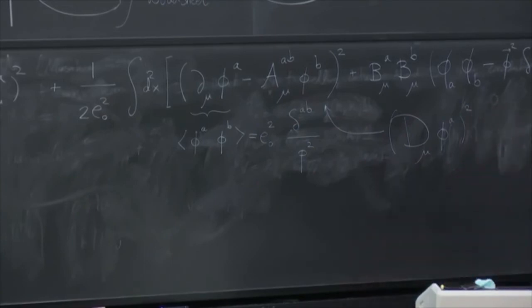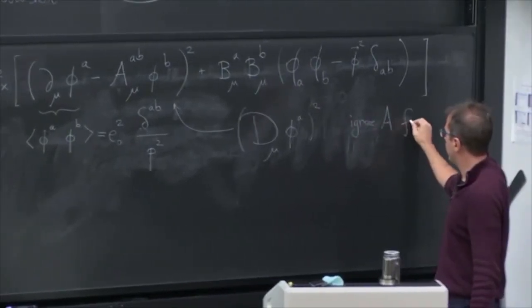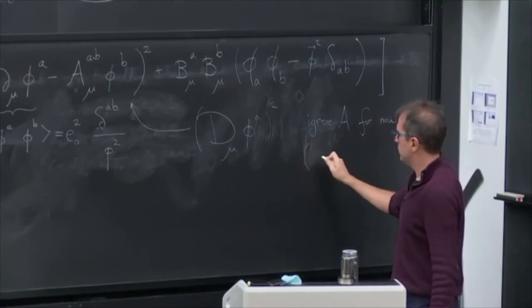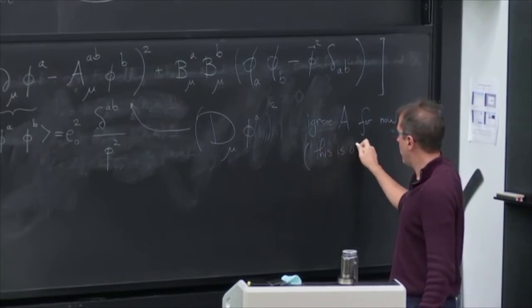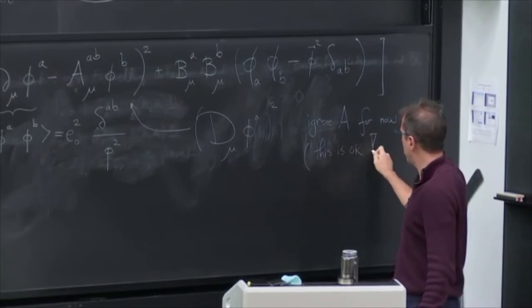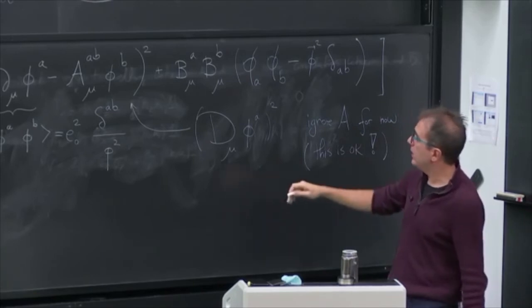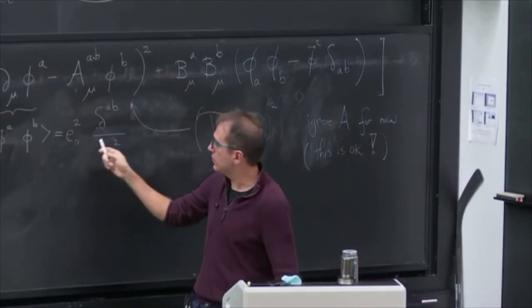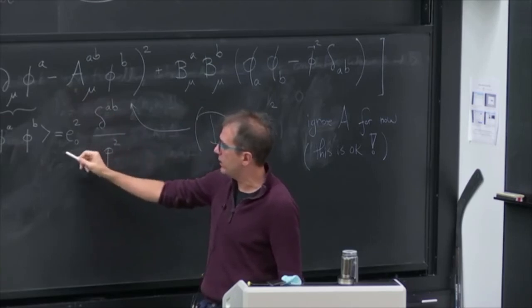So we ignore A for now. And I will explain in a second why we can ignore A. But for now, let's ignore A. And all we take from this first term is that phi is a massless field with propagator 1 over p squared times E0 squared.